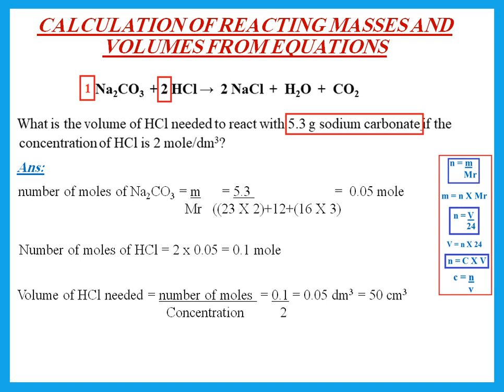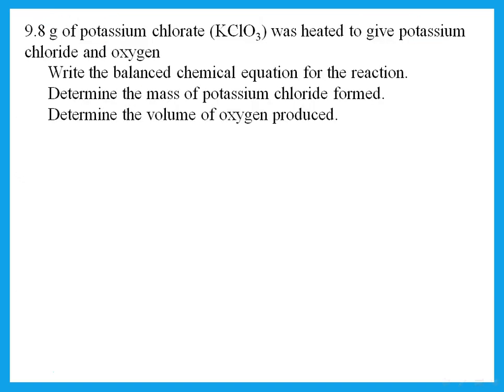So that gives me a volume in decimeter cube. Now, if he wants it in centimeter cube, to change from decimeter cube to centimeter cube, you multiply by 1,000. So that means that the volume of HCl needed is 50 centimeter cube. Are we following? Let's try another question.